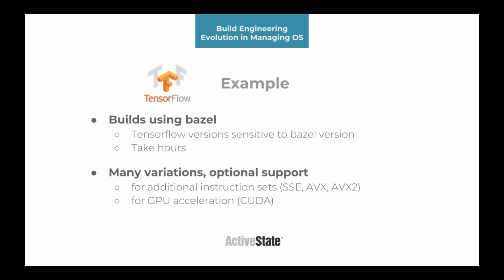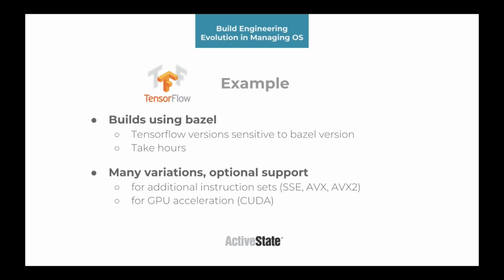Sometimes you'll find that when you're trying to build a particular version of TensorFlow, it won't build with the latest version of Bazel. The TensorFlow builds tend to be loosely coupled, at least, to the Bazel version that they build with. So if you're contemplating building TensorFlow from source, you'll need to know which version you want to build and which version of Bazel you're going to need to build it.